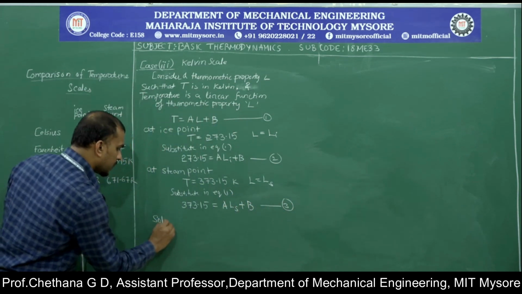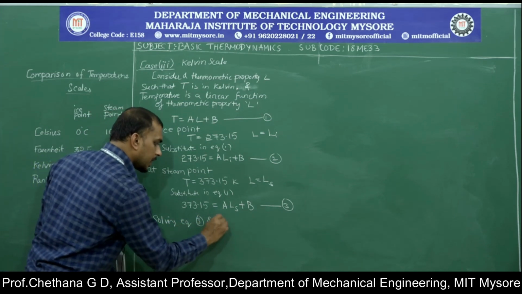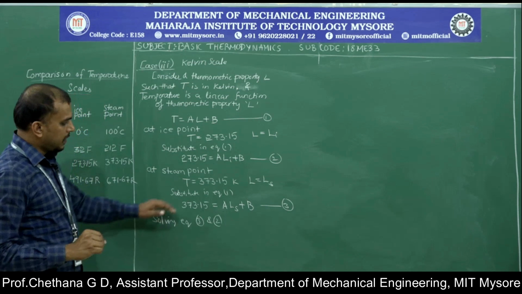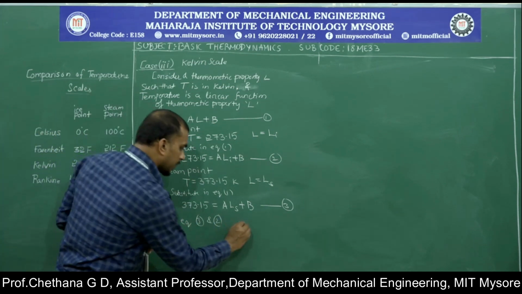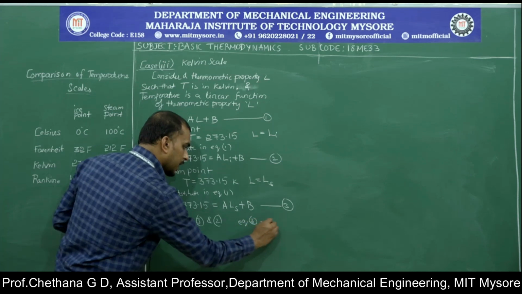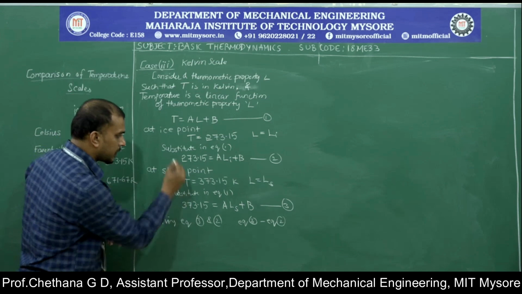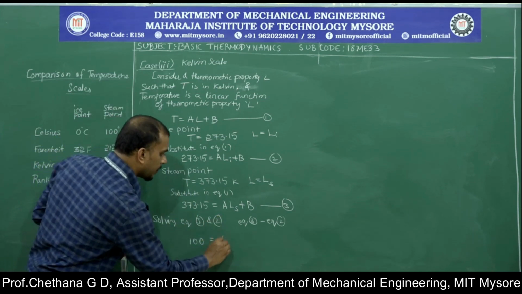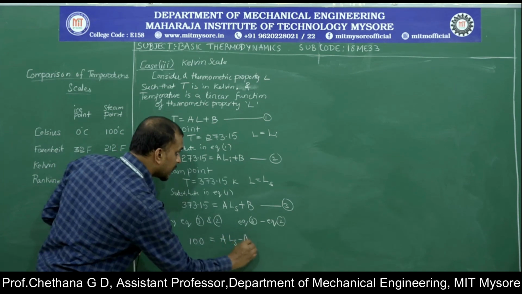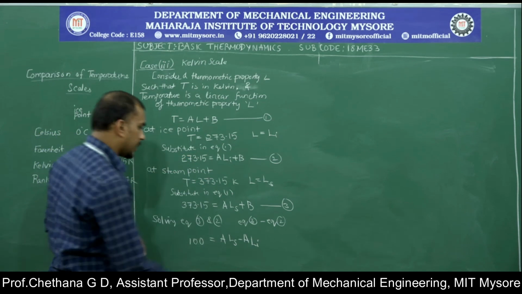Solving equation 3 and 2, that is we are subtracting equation 2 from equation 3, that is equation 3 minus equation 2. We know that this difference, 373.15 minus 273.15, is 100, which is equal to A Ls minus A Li, and B gets cancelled out.